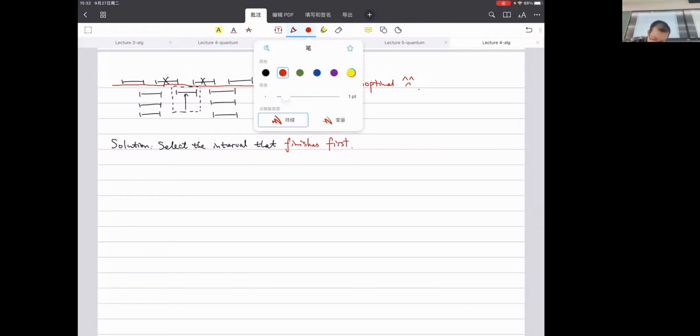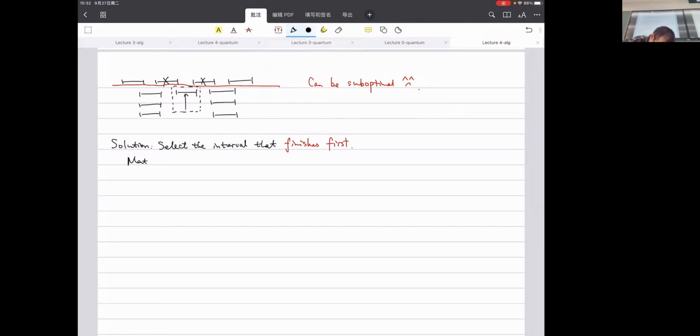Mathematically, we select the interval i for which f_i is as small as possible. So we select the interval that finishes first.